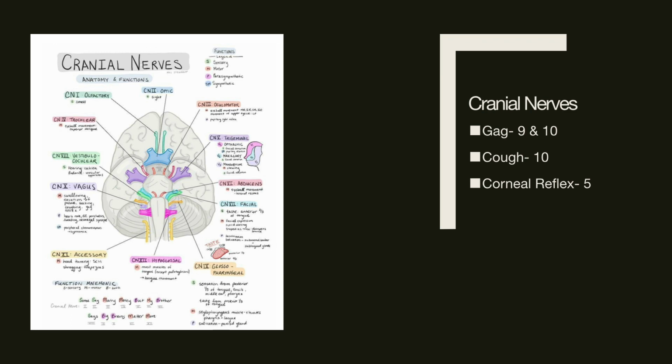So that's why they are a good indicator of brain function, and if they have problems, that means there are issues with the brain. Again, gag, cough, and corneal are our 3 big indicators that some pretty central brain function is not working.